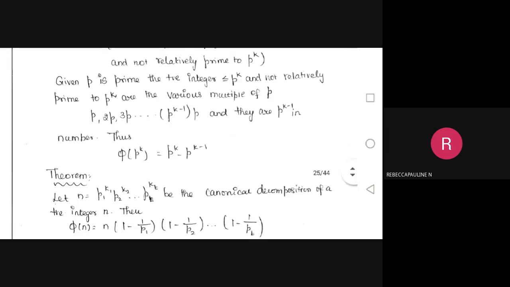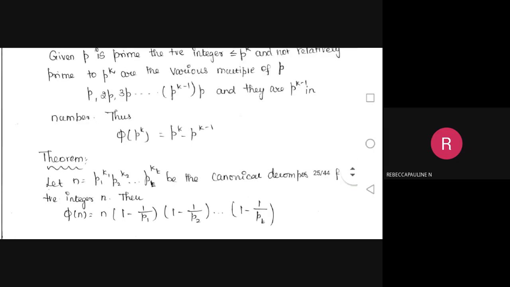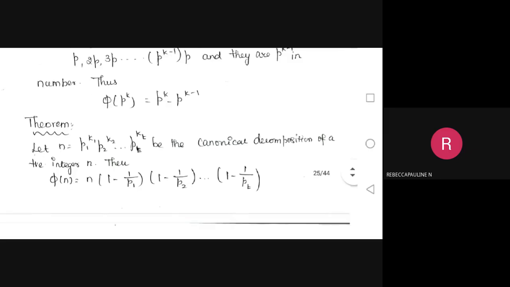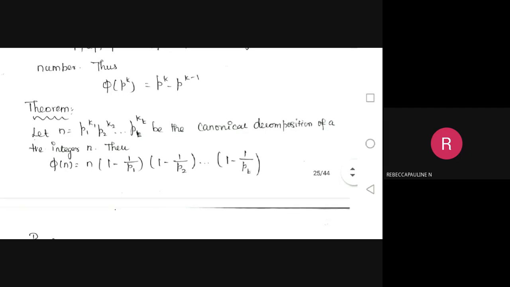Then phi of n is equal to n into 1 minus 1 by p1 into 1 minus 1 by p2 up to 1 minus 1 by pt. It can be proved by using the previous theorem.